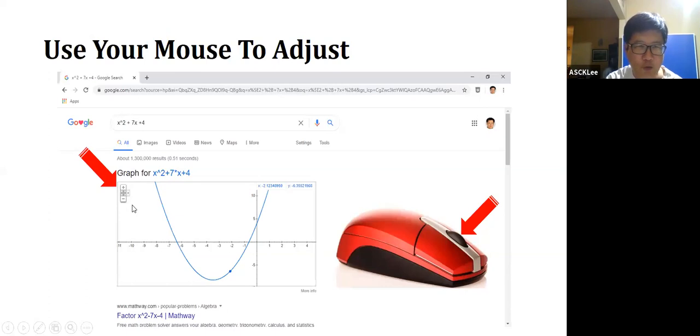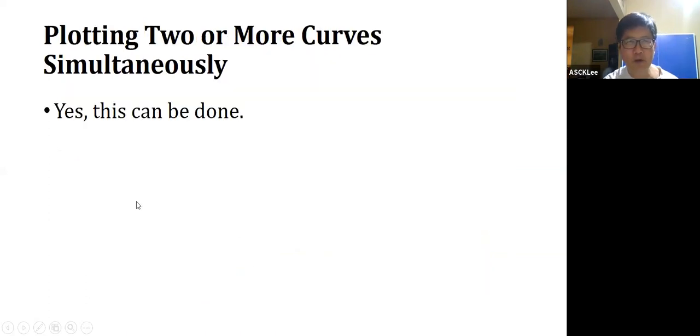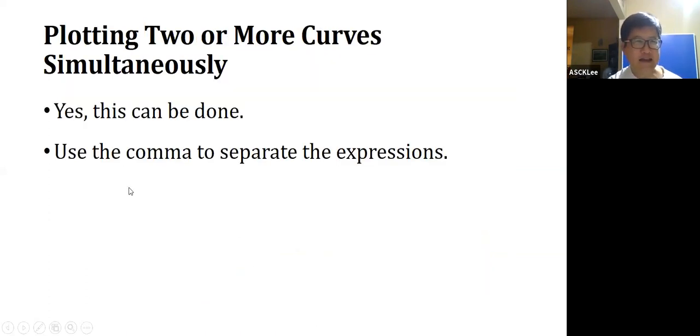I'll let you play around with this. You can plot 2 or more curves simultaneously. I've only used 2, but here I've shown you that even if you want to plot 3, you can. What you have to remember is to use a comma to separate the expressions. Remember, they have to be expressions. Equal signs not allowed.